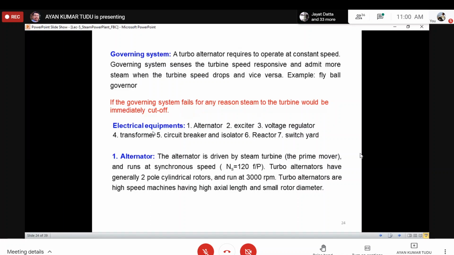So if there is an increase in load, initially that increase in load is supplied from the stored kinetic energy of the generator rotor.